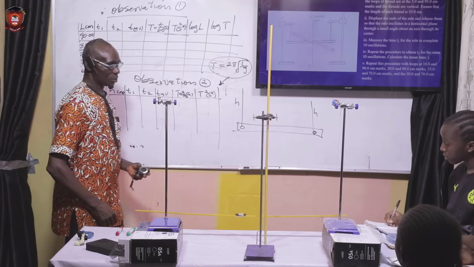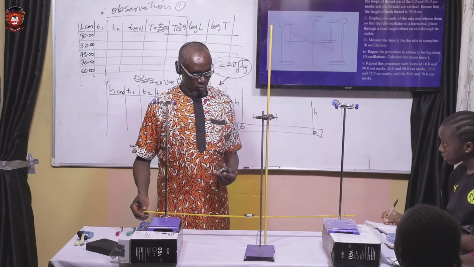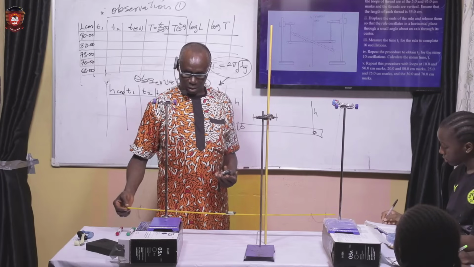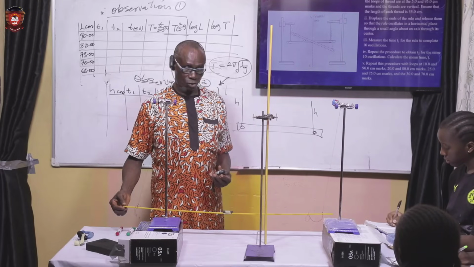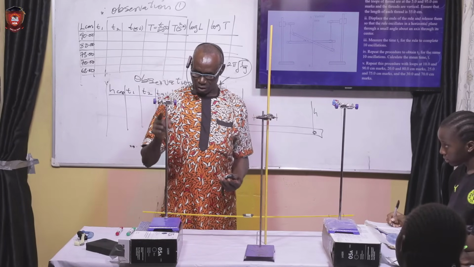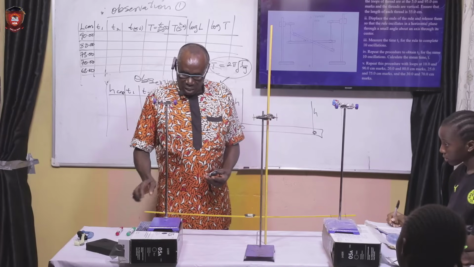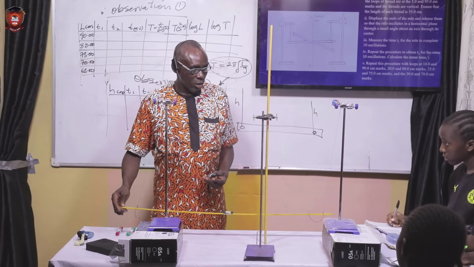So let's time this. Let's time this, complete one of them. So this is display. Look at the position, not too much, because you look at the angle of projection here. That's angle of displacement here. The angle between the vertical and where it is now.